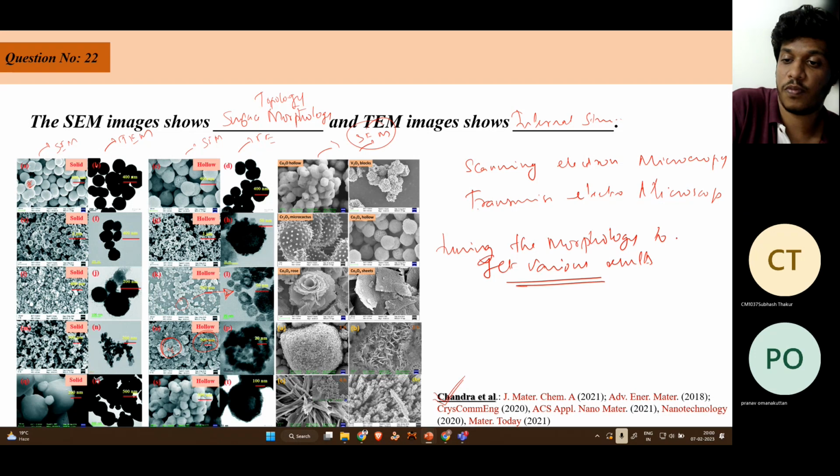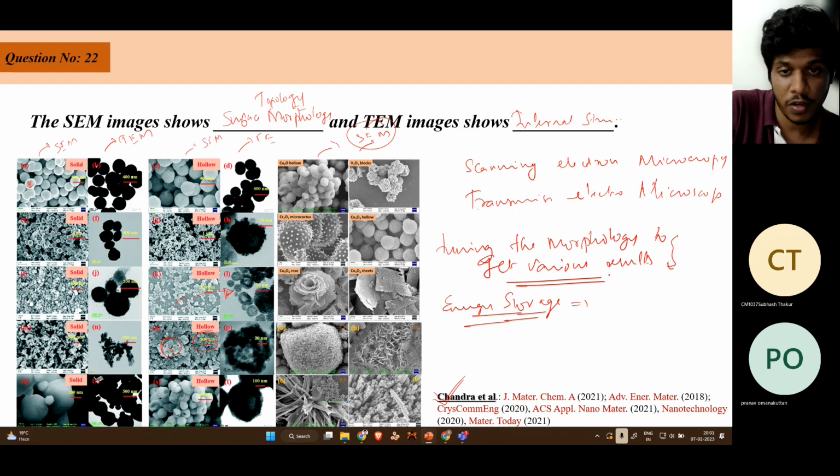For example, if you consider energy storage technologies, tuning the morphology corresponds to tuning the accessible surface area. So if a material has a higher surface area, that means probably the energy storage capability of the material will also increase.